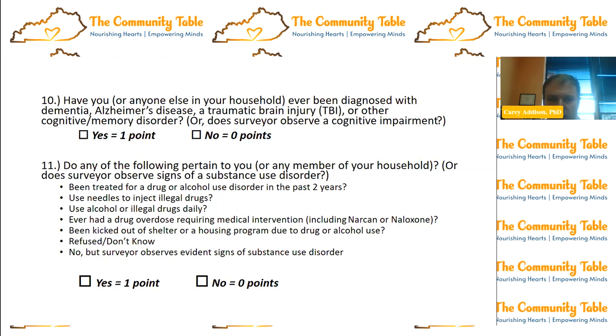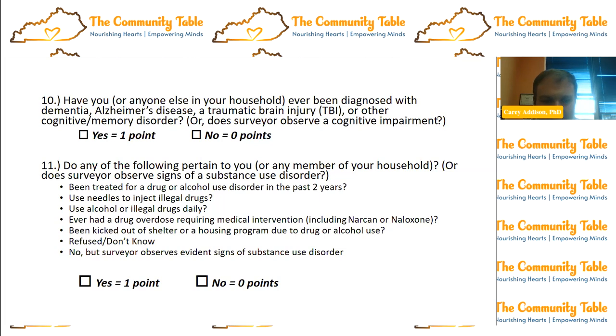People that use needles to inject drugs, daily use of alcohol or illegal drugs, having had an overdose that required a medical intervention, so having to be Narcaned from opioid use primarily, being kicked out of a place you were staying due to a drug or alcohol problem as well.